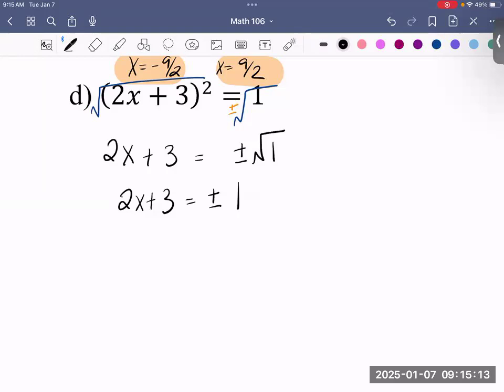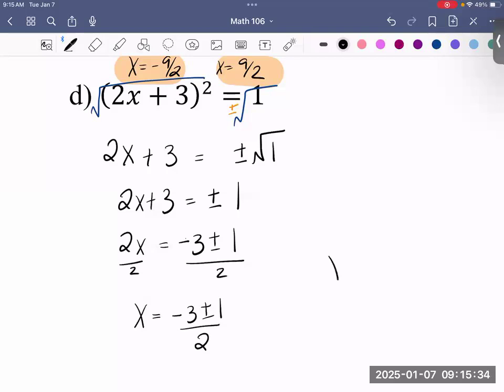All right, so if it's just 1, now we can go ahead and solve. It has a degree of 1, so let's solve it the traditional way. Move the 3 over first. -3 plus or minus 1. Divide everything by 2. So x is equal to -3 plus or minus 1 over 2.